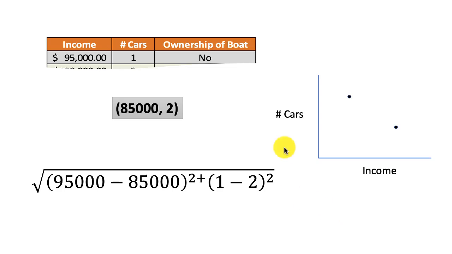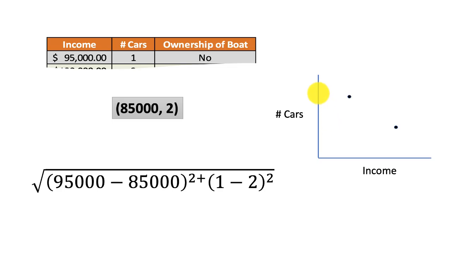Okay, so the intuition is something like this, right? So think of income as being on the x-axis, number of cars as being on the y-axis, and so these are the 2 points. Let's say this is 85,000 income, 95,000 income, and 1 car, right? So this represents this point, 95,000, 1, and this represents this point. Income is lower, 85,000, but the number of cars is higher, 2.